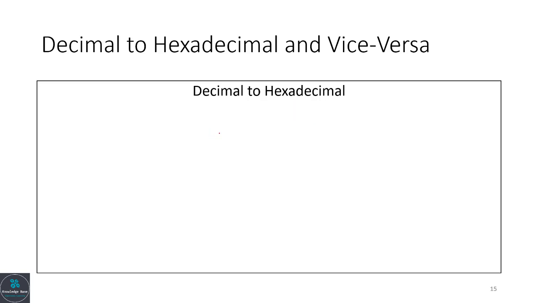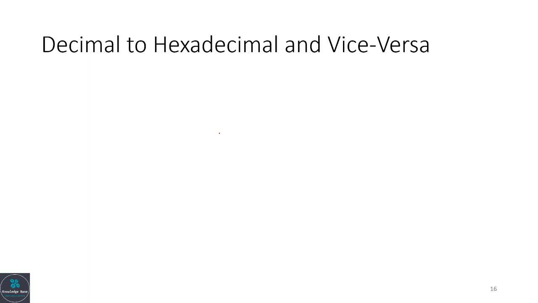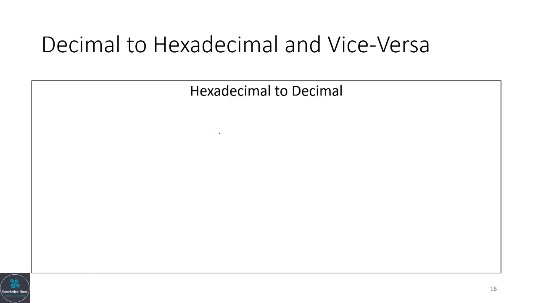Next we are going to convert a hexadecimal number into its equivalent decimal form. The formula is the same: the summation of each digit multiplied by the base to the power of its position.